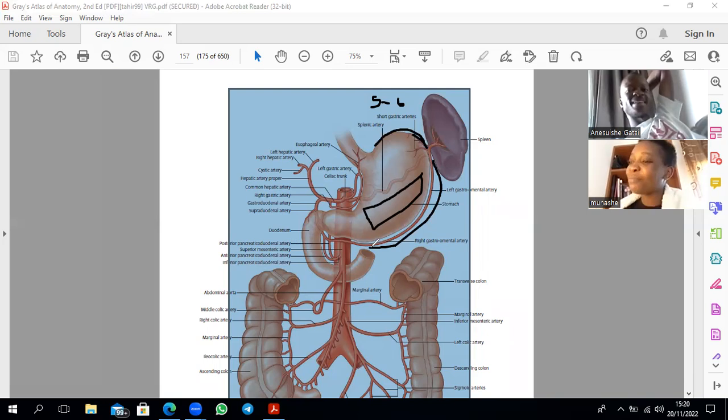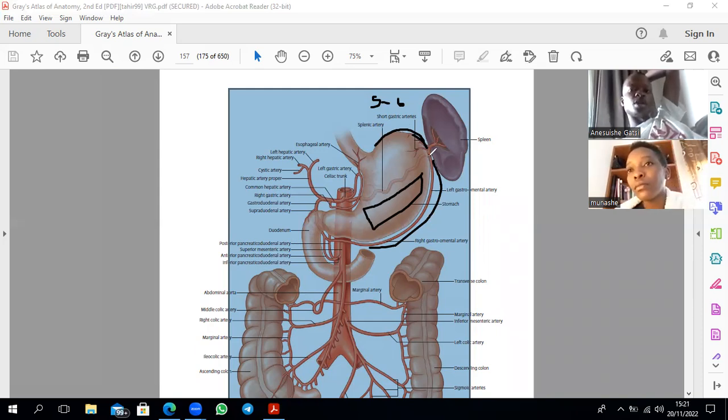So short gastric arteries come from the splenic artery. The splenic artery gives you 5 to 6 short gastric arteries that supply the fundus of the stomach.